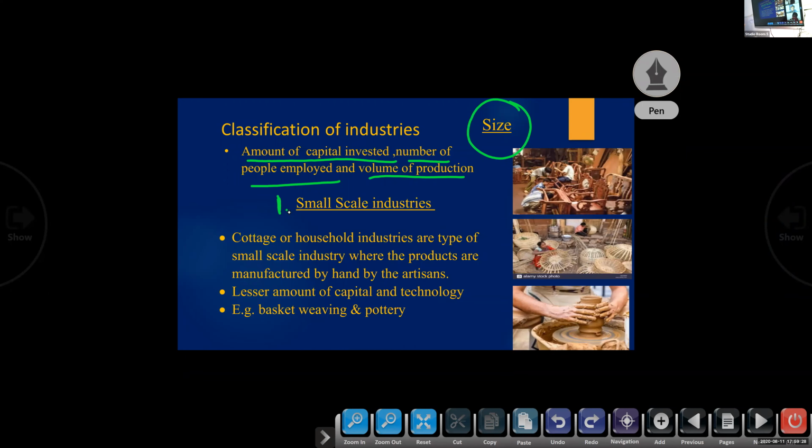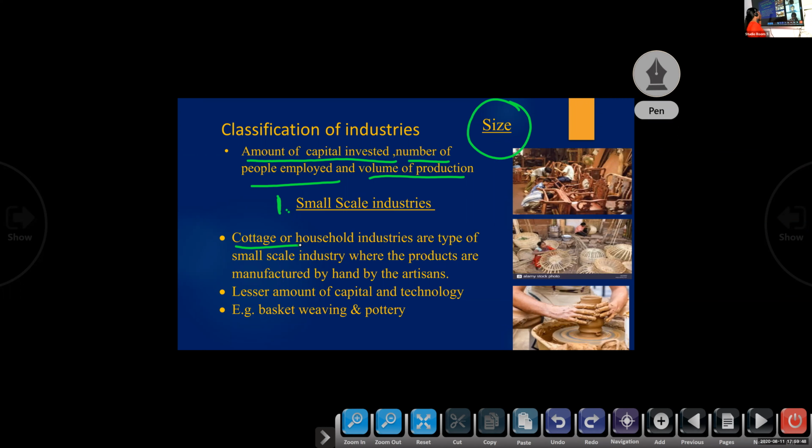What are the features of small scale industry? Before going to small scale industry, we should know what is cottage or household industry. Cottage or household industry is a type of small scale industry, but some differences are there between small scale industries and cottage industries.